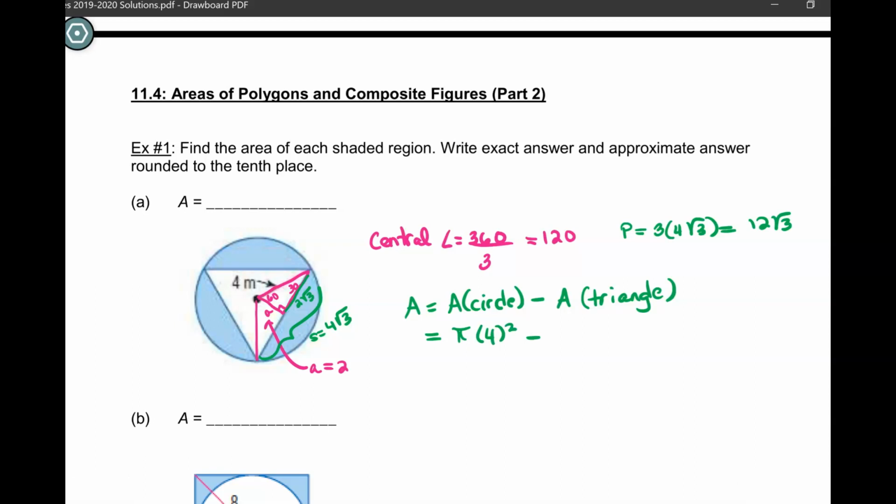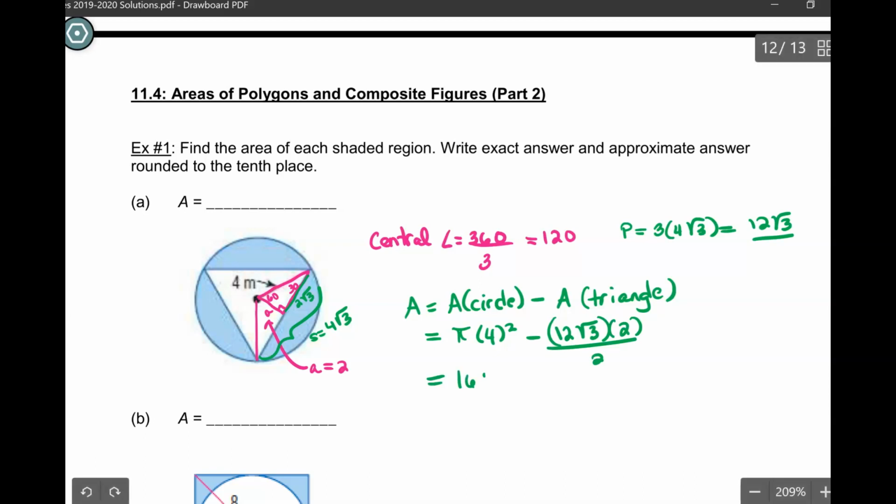So I'm going to use the perimeter times the apothem divided by 2. So the perimeter was 12 root 3 times the apothem, which we found was 2, and I'm going to divide by 2. So this is going to give us 16 pi minus 12 root 3. So that's the exact form.